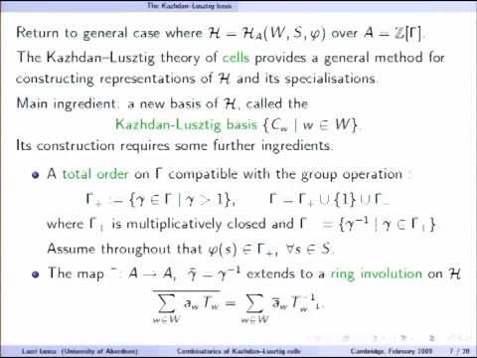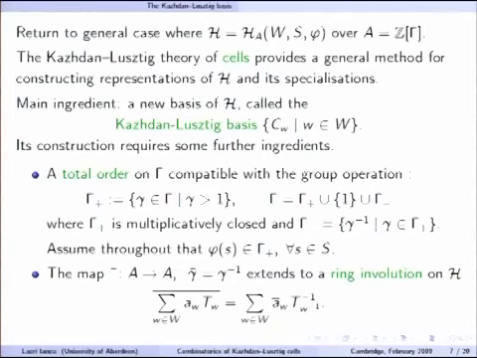And the last ingredient needed for introducing the Kazhdan-Lusztig basis is the bar involution. So we start with a map defined on A, which sends every element of gamma to its inverse, as A was the group algebra of gamma, and it is extended to an involution of H in the following way.